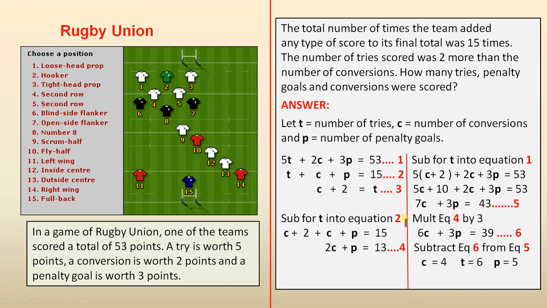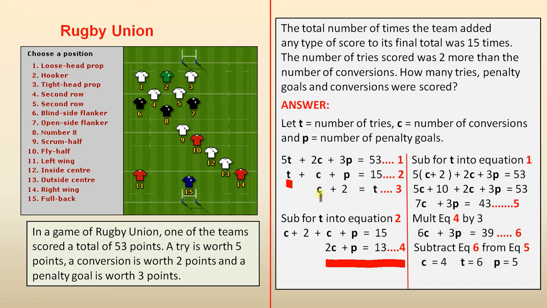Substitute for T into equation 2. So we see here that T equals C plus 2. So we put C plus 2 into there for T. So we have this equation. And when we simplify it, we have that equation. And that's called equation 4. In a similar manner, we substitute for T into equation 1.